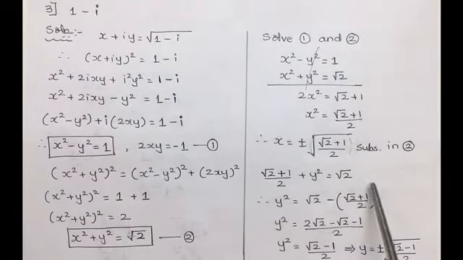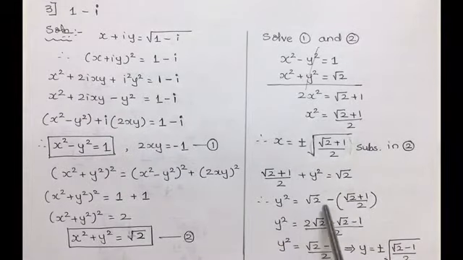Shifting this whole thing to the other side, that is the RHS, becomes negative. So we get y square is equal to root 2 minus root 2 plus 1 divided by 2. Taking the LCM, y square will be equal to 2 root 2 minus root 2 minus 1 divided by 2, since minus and plus makes it minus.